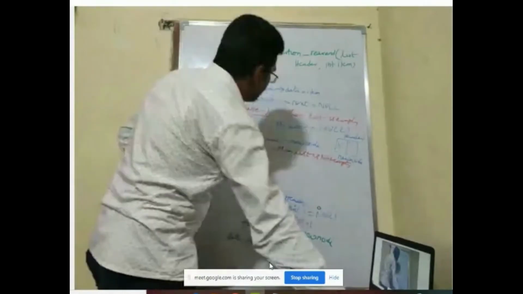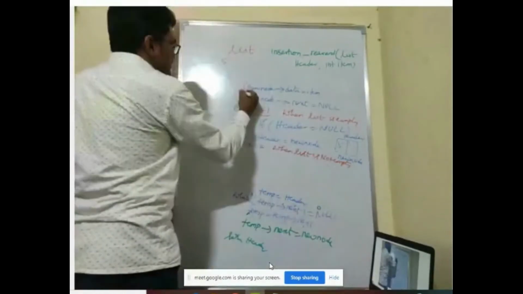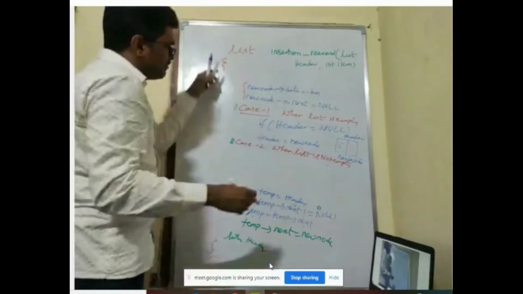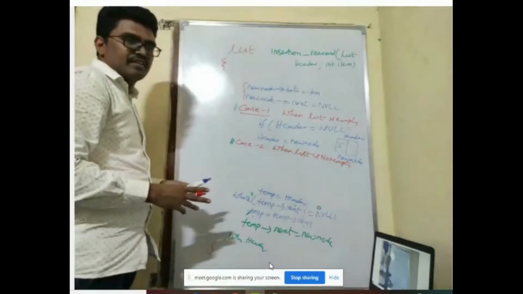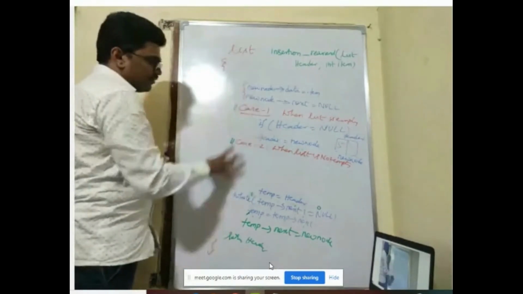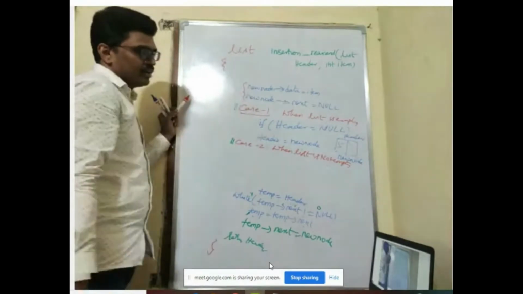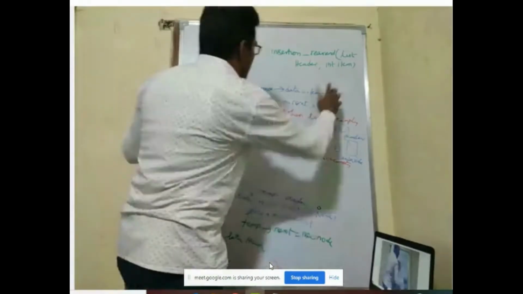These things can be in comments. These things we need to write as dynamic memory allocation; when we go to the code, we are going to see. Is that fine? So this is how we have inserted the elements at the rear end. I hope you understood.